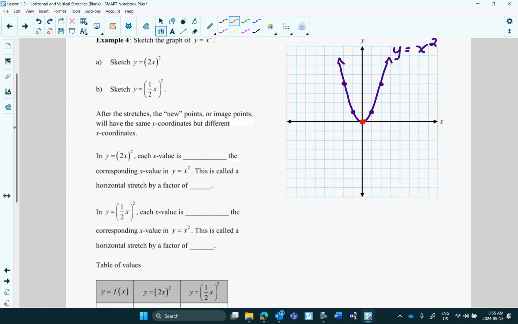Now, 1. I don't go 1 squared times 2, I go 2 times 1 and then square it. Right? So when I plug 1 in, I need 2 times 1 is 2, squared is 4. So 1 is 4. Negative 1 is also 4, because 2 times negative 1 is negative 2, and negative 2 all squared is 4.